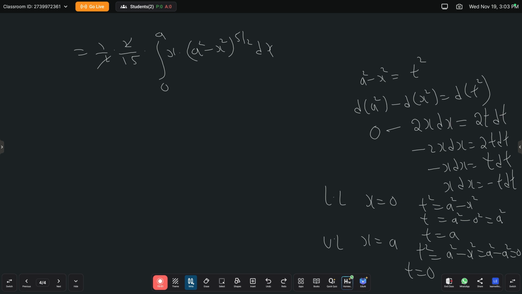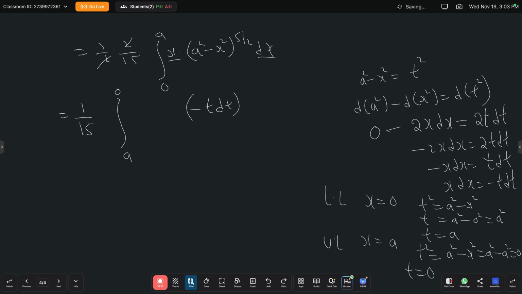Here 2 gets cancelled, 1 by 15 into... So the new lower limit is a, the new upper limit is 0. So the integral from a to 0, x dx: in place of x dx we can write minus t dt.